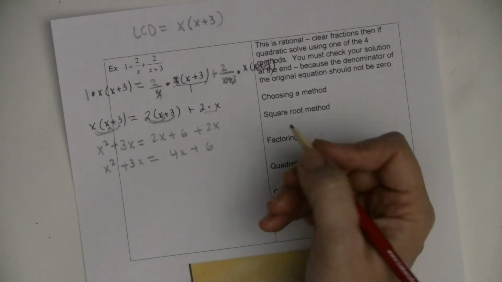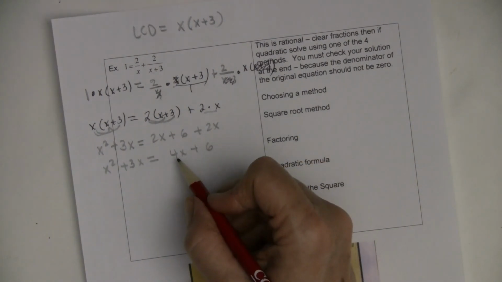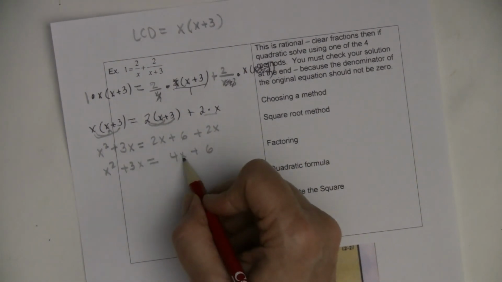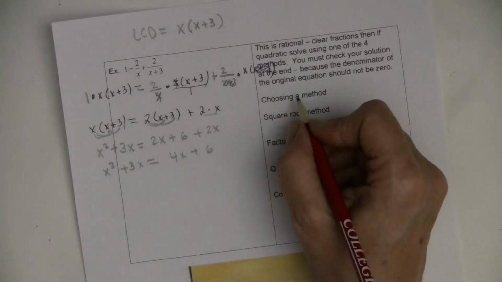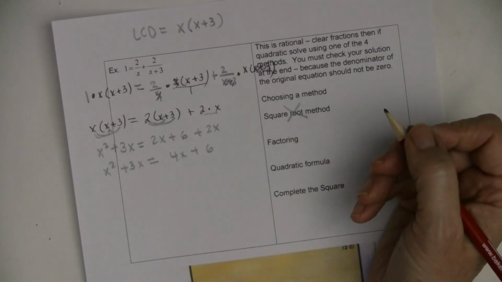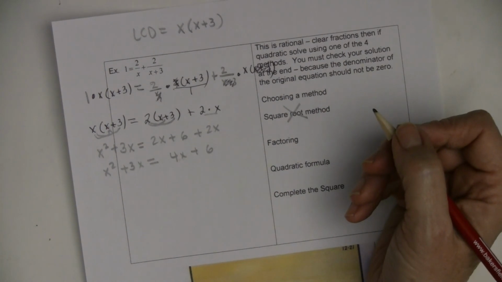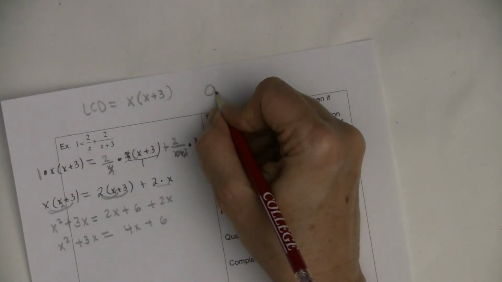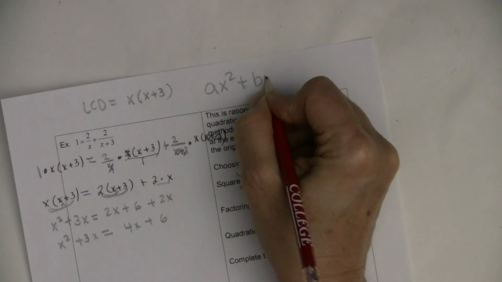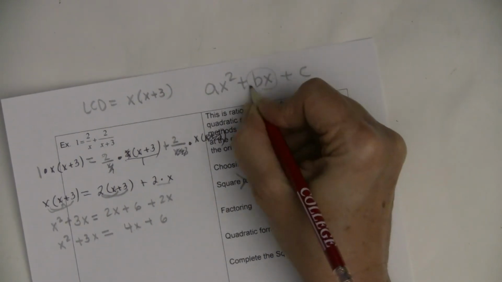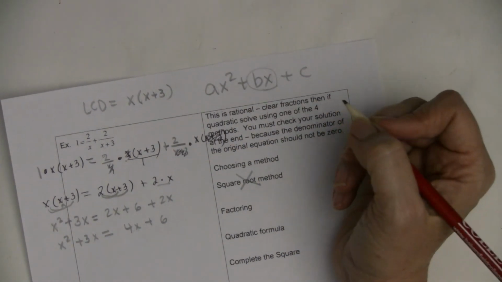And I can see that I'm not going to be able to use the square root method because I'm not going to get rid of the middle term, even when I rearrange it. So not the square root method because I have the middle term. Remember the ax squared plus bx plus c, this is the middle term, right? The one that has an x on it.